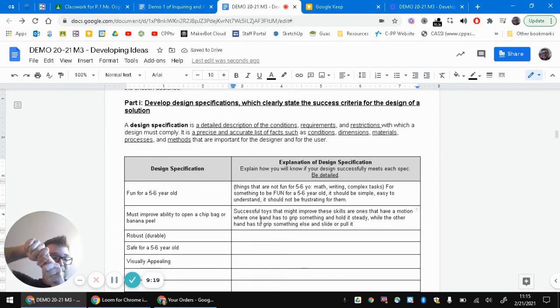Similar to opening a banana, right? You have to kind of break it at the top and pull it down. Opening a chip bag, you're holding two sides and pulling them apart. And that's where I could think about the toys I did in the last example. I had these suction cup toys that you could pull off.